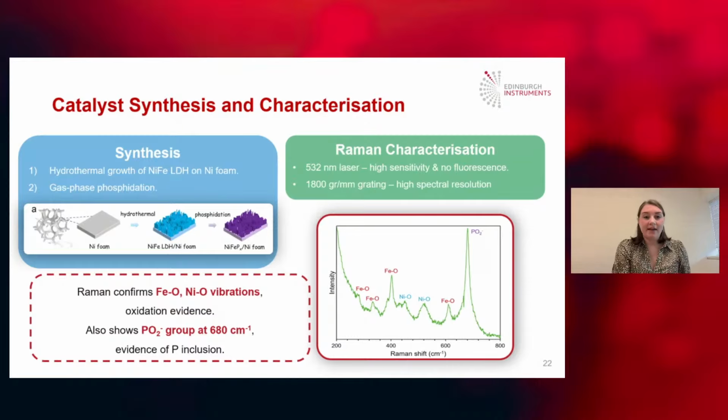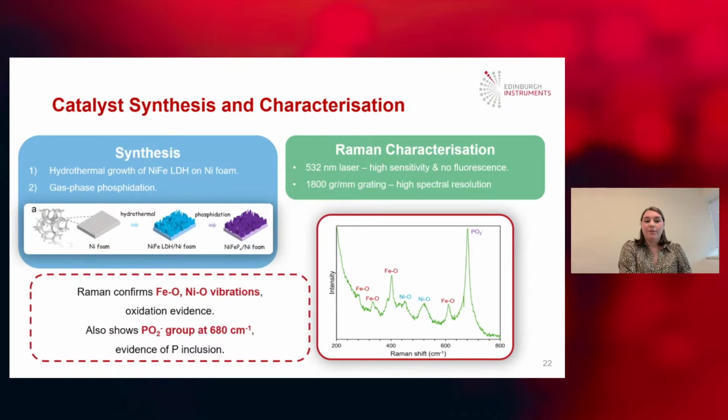So first, they synthesized and characterized their material. For the synthesis, they did hydrothermal growth of nickel iron layered double hydroxide on a nickel foam. This then went under gas phase phosphidation to create the nickel iron phosphide. They wanted to characterize this material, so they first used the RMS1000 with a 532 laser and an 1800 groove density grating for high sensitivity and high spectral resolution, giving the spectrum you can see here.